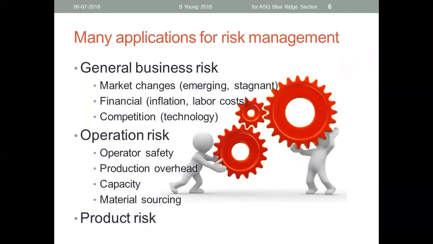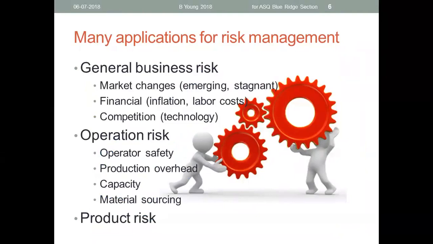There are many applications for risk management. We can take a look at risk from a general business perspective, where we can look at the marketing changes, the risks associated with emerging markets or stagnant markets, financial risks, risks from competition.